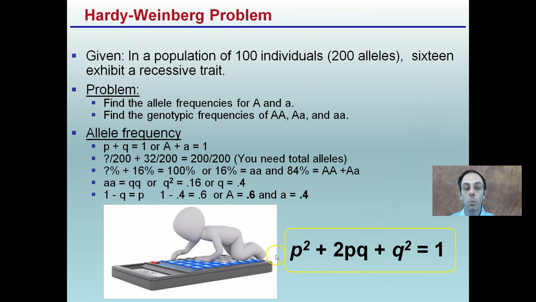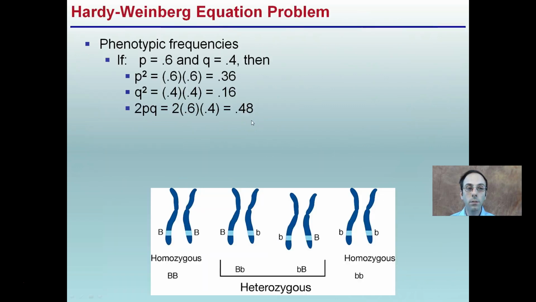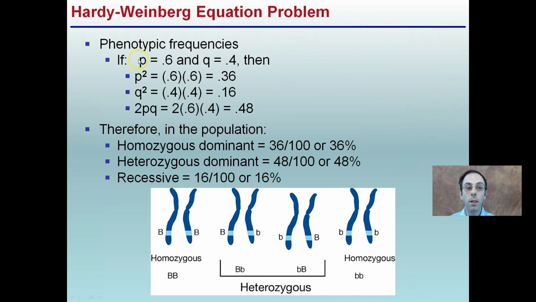This is a big help because now we can start to input this into our equation and help answer the genotypic frequencies. So the genotype frequencies, if p equals 0.6 and q is 0.4, then we simply plug into the equation. p squared is 0.6 times 0.6, which is your 0.36. q squared is 0.4 times 0.4, which is 0.16.